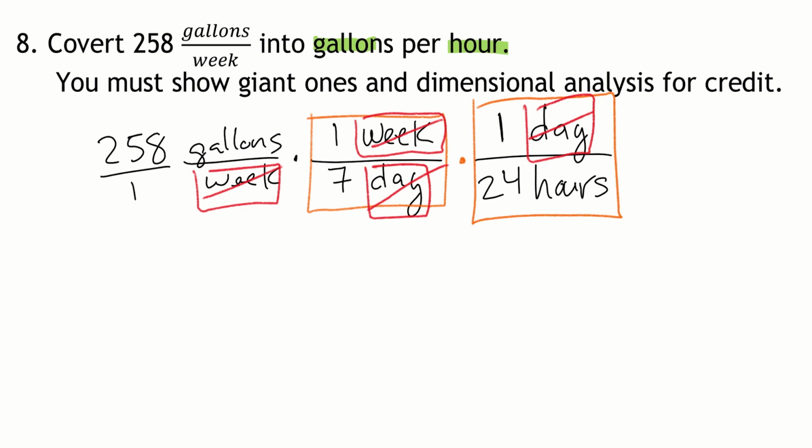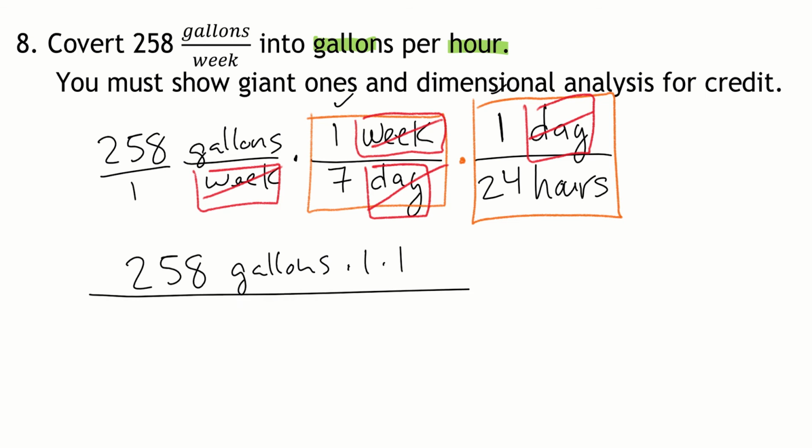What I'm left with in the numerator is 258 gallons, and then times 1 times another 1, which doesn't change anything. And in my denominator, I've got 1 times 7 times 24, and then those are hours. So the only thing I have left are gallons per hour.